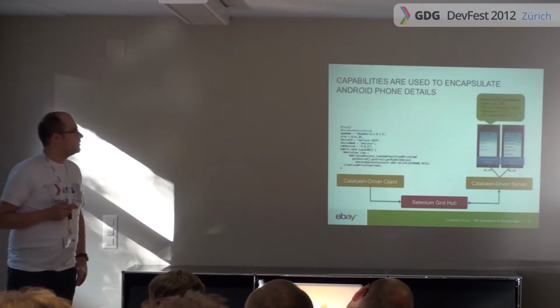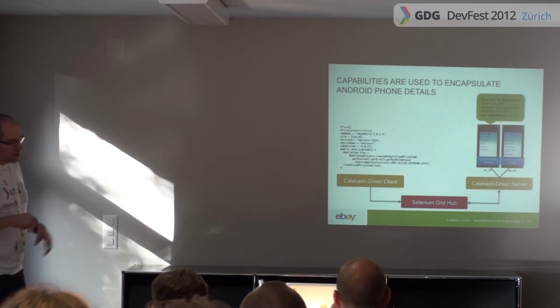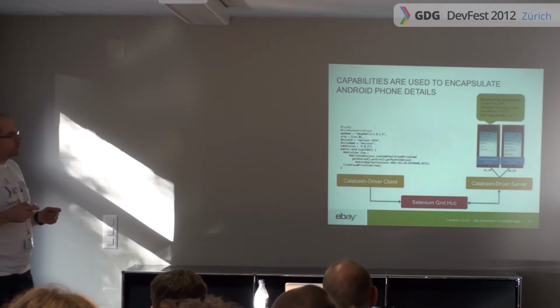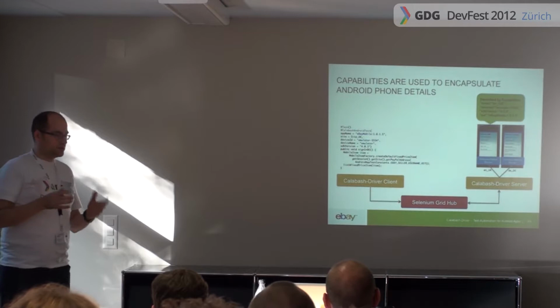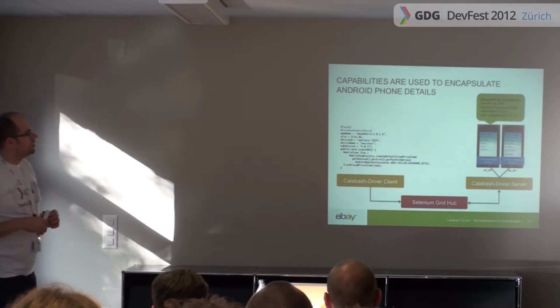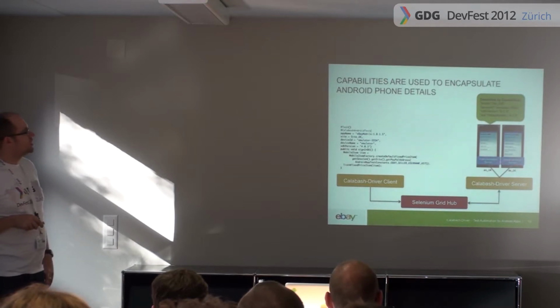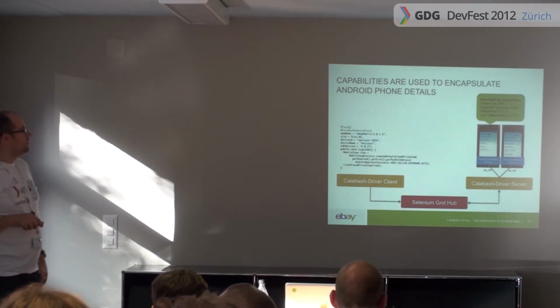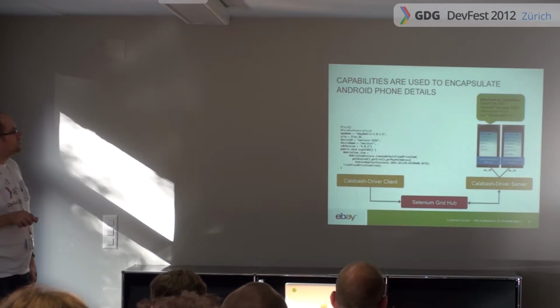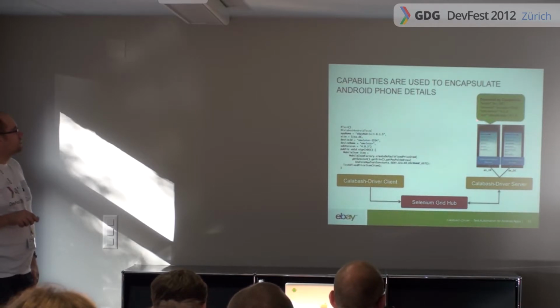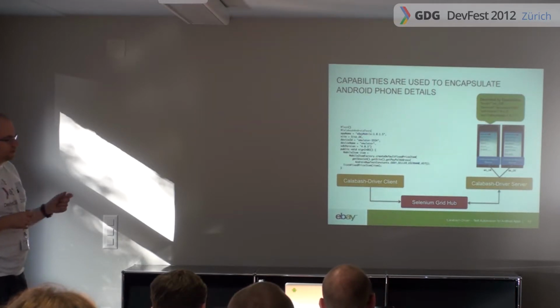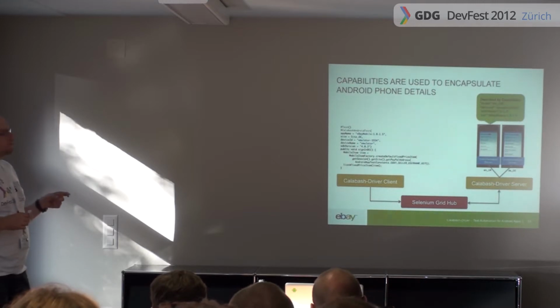This works in the following way. In the Selenium context, browsers or environments are described as capabilities. Here, for example, I have two phones that are very similar. The only thing that's different is the locale. One phone is described with this kind of capabilities. Capabilities are a set of key value pairs in JSON format.